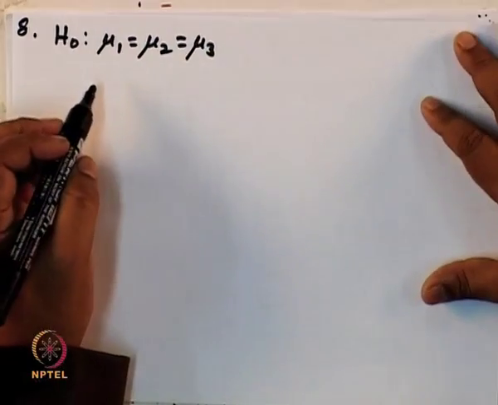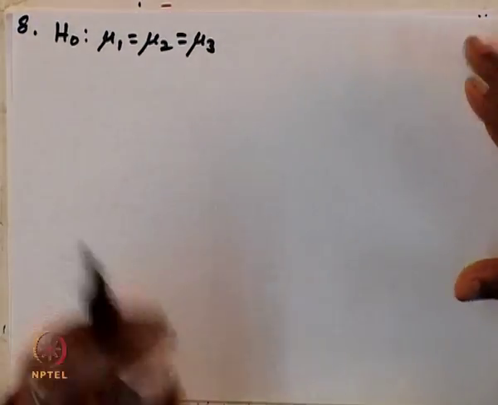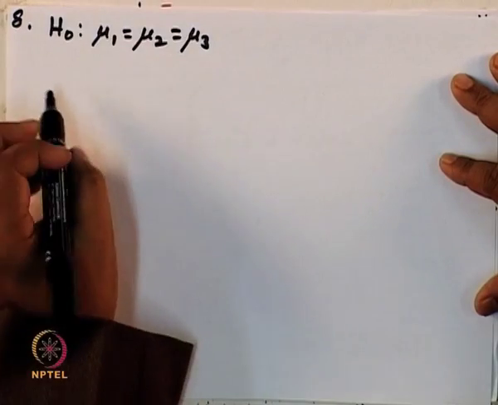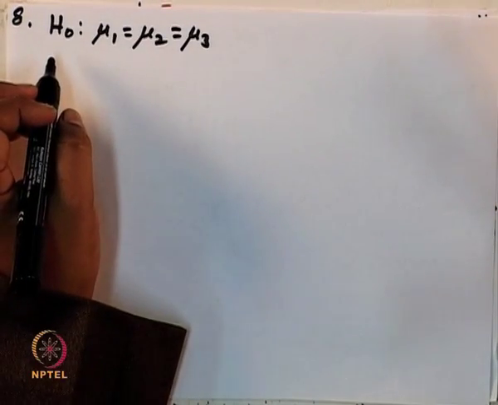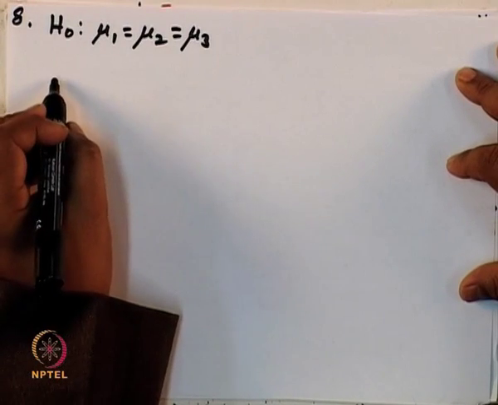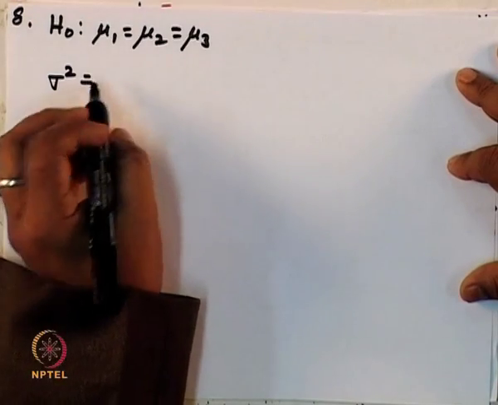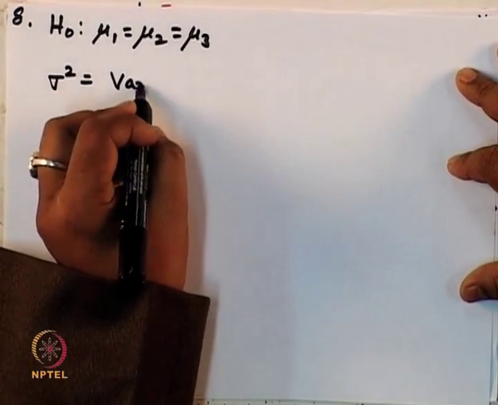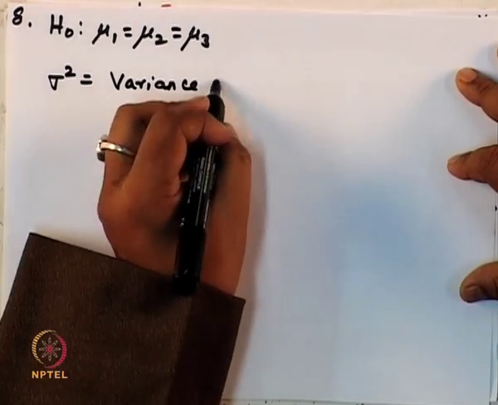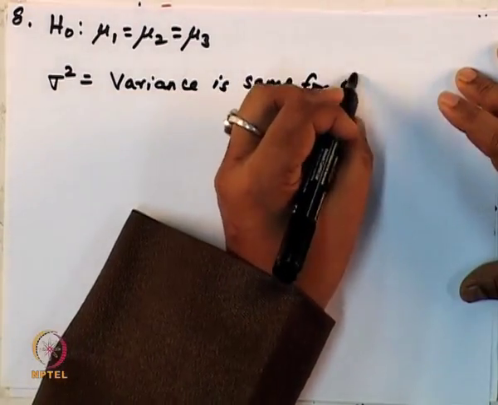You have 3 conditions, and you assume that there is no difference of nutrition on attention span. For doing this you need to compute some test. The inherent assumption is that sigma square, the variance, is the same for all k populations.